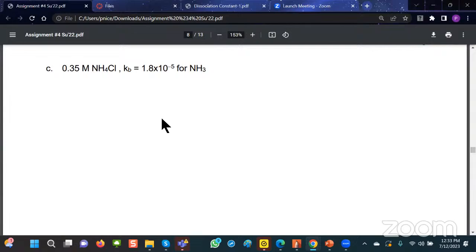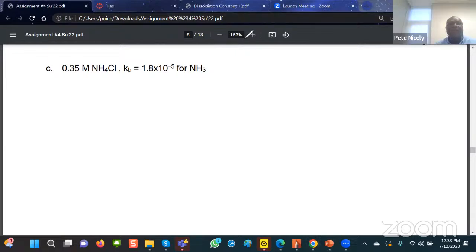Write the equation. Okay, let me do that up here. So when ammonium chloride, NH4Cl, dissociates completely, it forms NH4 plus and Cl minus. All right, that's the first step.